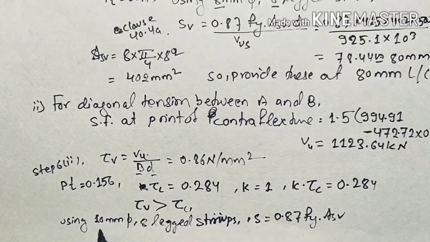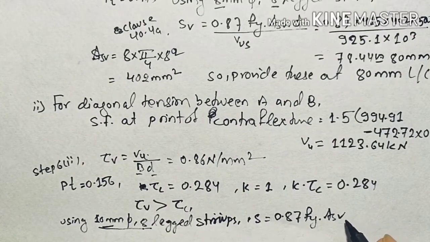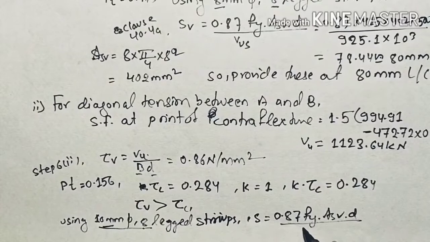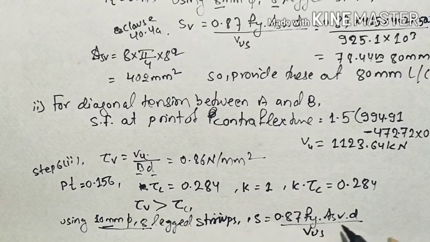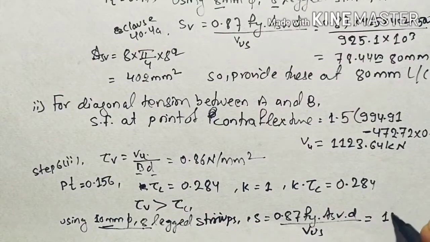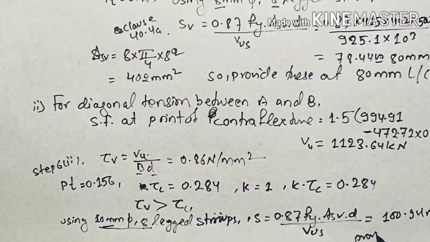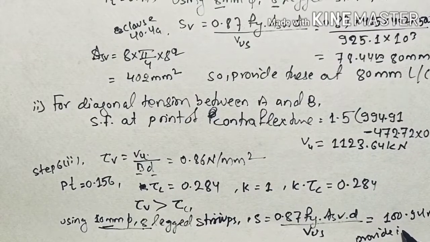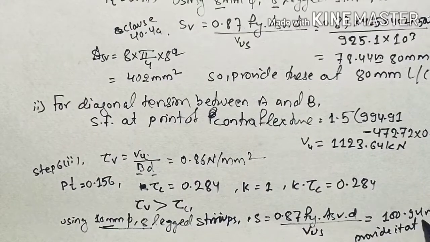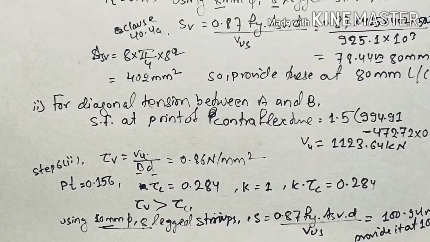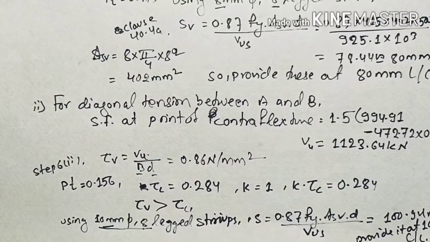Asv is the area of stirrup, that is 8-legged stirrups, 8 times pi by 4 into 10 square, into d upon Vus, which means the shear force. So we will have here 100.94 millimeter. So provide it at 100 millimeter center to center.